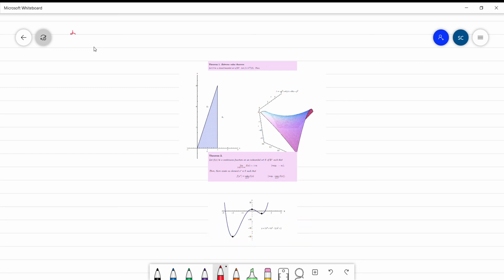So here it is, extreme value theorem. In calculus, we know an extreme value theorem that says if you have a function that is continuous on a closed bounded domain, then it has a maximum and a minimum.